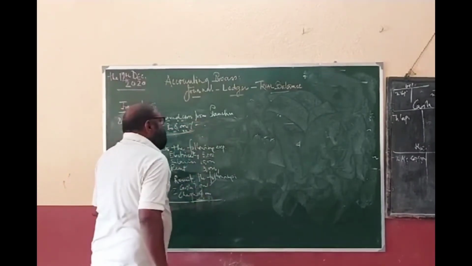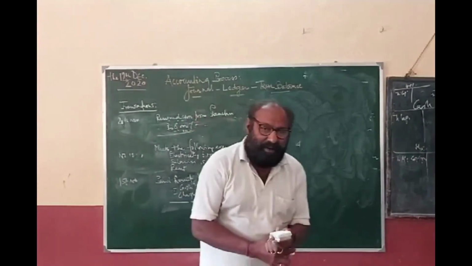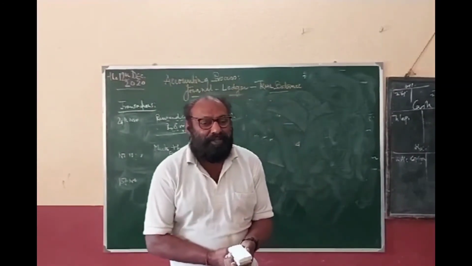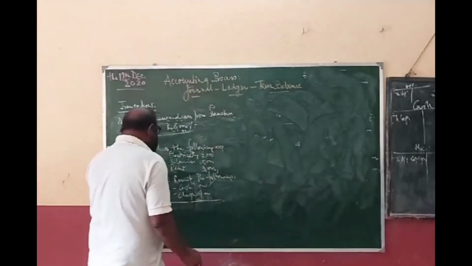What is the journal? What comes in? Cash is coming in. Cash account debit, and Pachu account credit. Clear? Next.